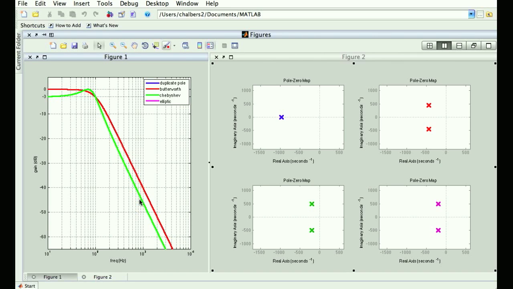Now, what price did we have to pay for that? Well, the price we had to pay was we had to be willing to tolerate a little slop in the passband. One way of defining the passband is to say, I want you to be as flat as possible until the cutoff frequency, and that's what the red signal is.